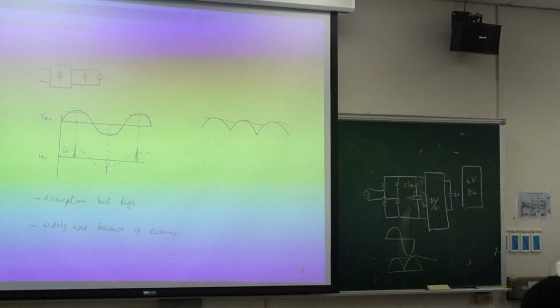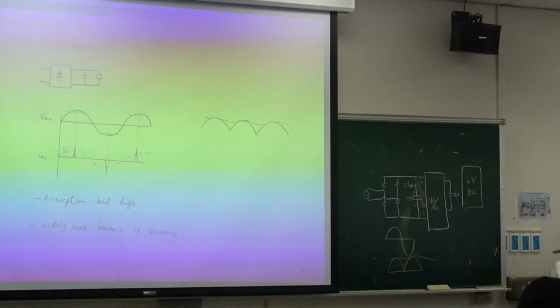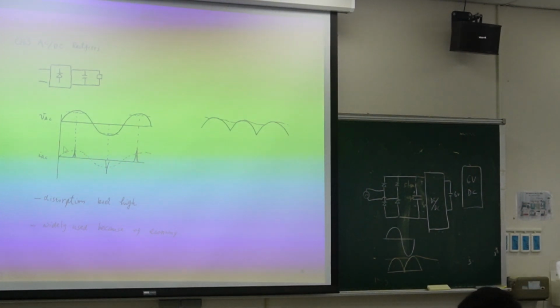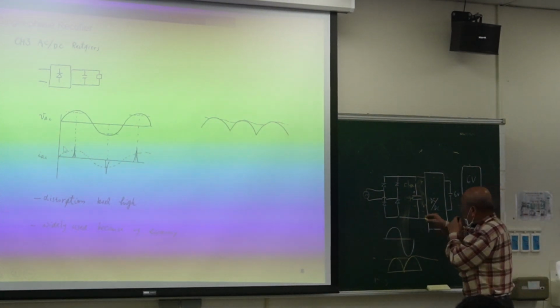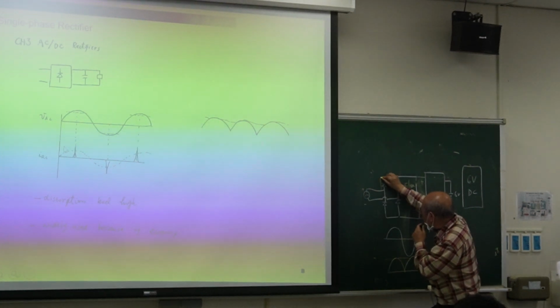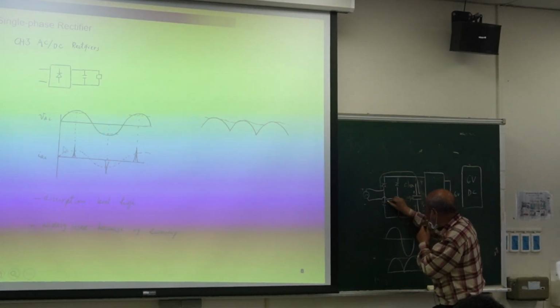However, the DC capacitor is very good for DC. But do you think the DC filter is good for AC? So we have to consider this one. So we have positive, negative here. So we go this way to charge the capacitor, and then we go back.